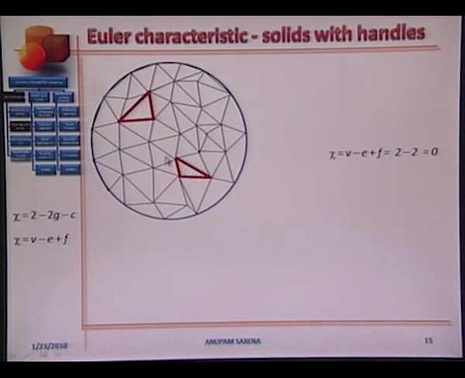Once we introduce another boundary component, once again, the number of vertices remain the same, the number of edges remain the same, but the number of faces decreases by 1. Now, the chi value or the Euler characteristic is 0.